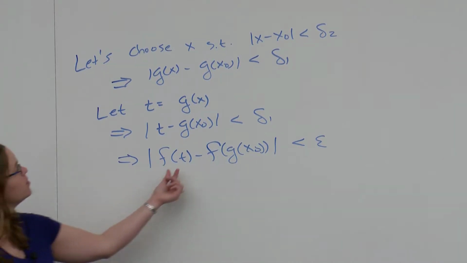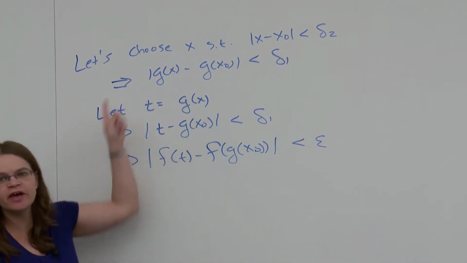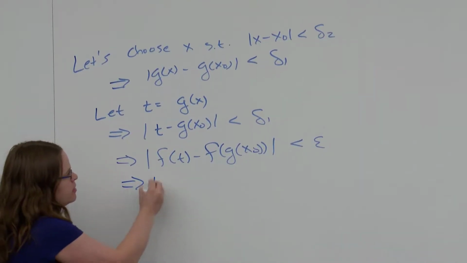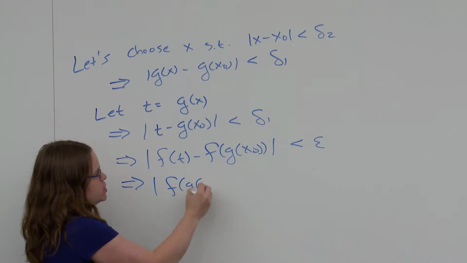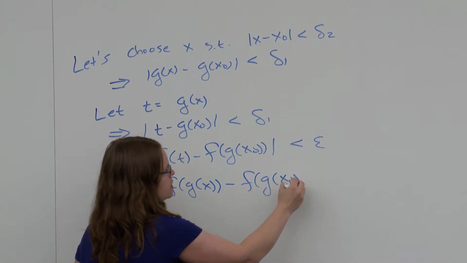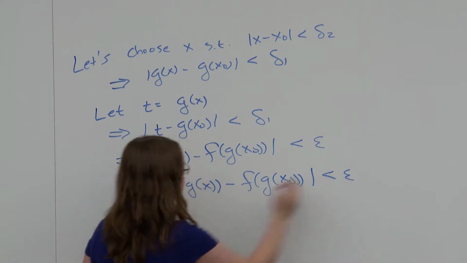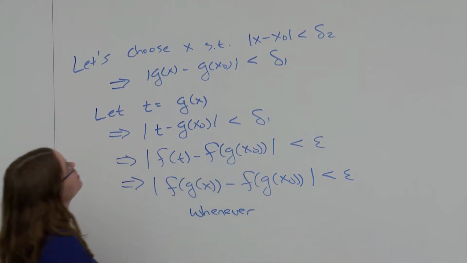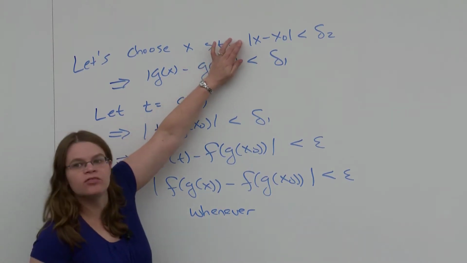And why does this help? This helps now because t and g(x) are playing exactly the same role here. They're equal to each other. So this means that |f(g(x)) - f(g(x₀))| < ε whenever we start with x in this little window here.